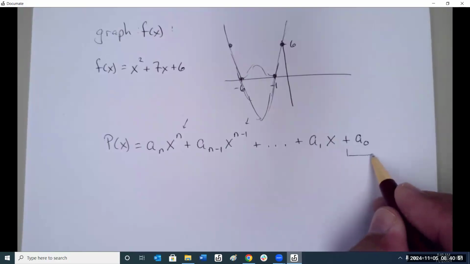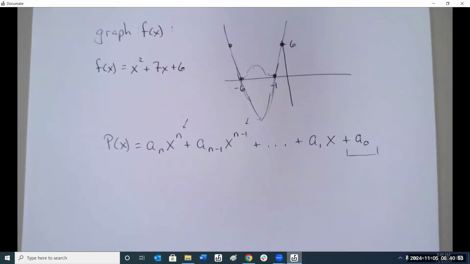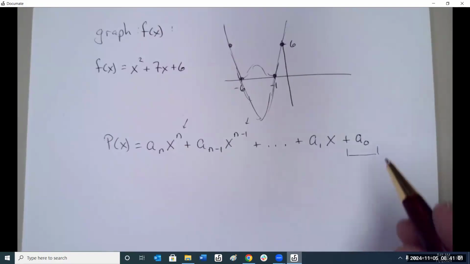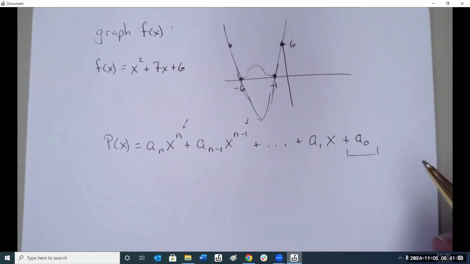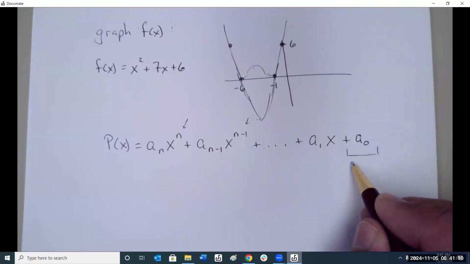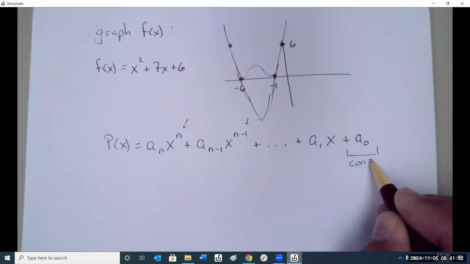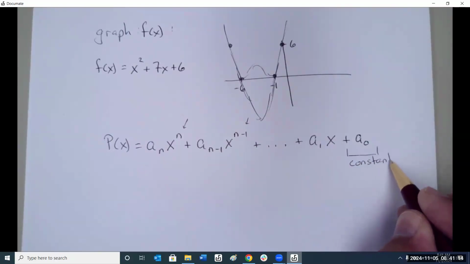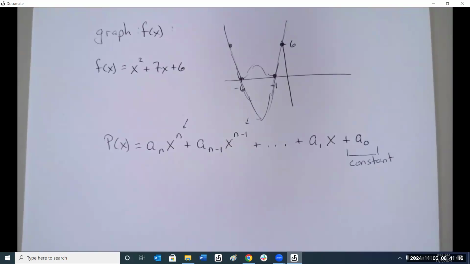So what does this number back here tell us? It's the constant. What does it tell us on our graph? Right, this is our constant. But what does it represent in our graph?